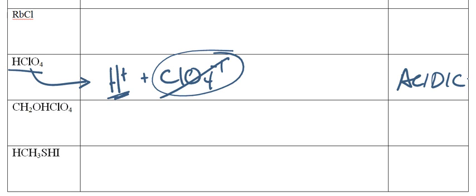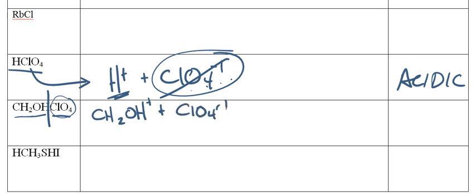All right, the next one, there's your perchlorate. Same thing there. So since we have a conjugate of a strong acid and then we have a conjugate of some kind of base, this conjugate of the base behaves as an acid. Very good. Now, don't freak out and go, whoa, wait a minute, it's got a hydroxide on the end of it. Yeah, it doesn't matter. Again, it might look like a hydroxide to the untrained eye, but it's not. So perchlorate does nothing.